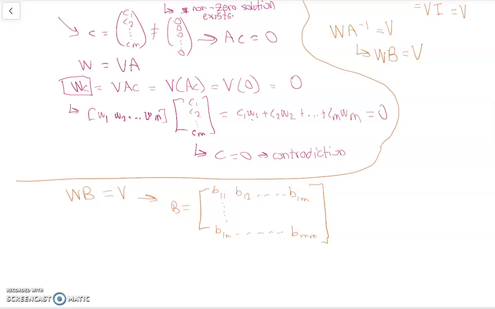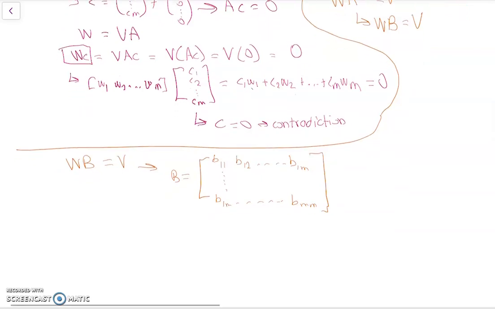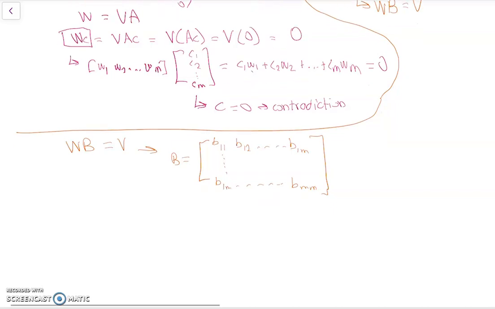Now this is enough to prove that W is a spanning set. This is because, let's take an arbitrary vector x, and we can write this as a linear combination of the v's.